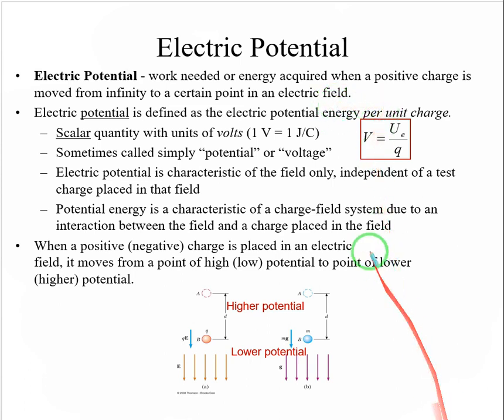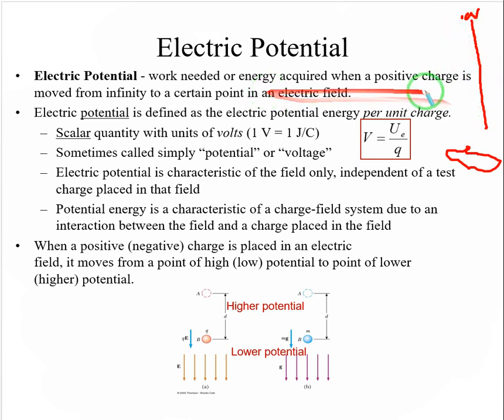What does it mean? Let's say you have a charge at infinity and there is some electric field. You want to move this charge from infinity to a certain point. When the charge comes from infinity to a certain point, this is called electric potential.